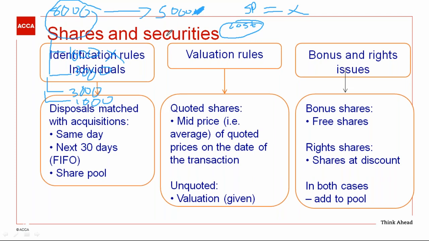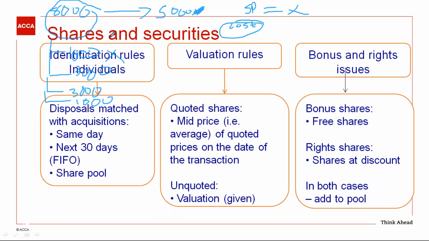5,000 shares, because we do not know actually whether we have sold this 1,000 shares that you bought 2 years ago. We don't know whether this 1,000 shares that you have bought 2 years ago is included in this 5,000. We don't know whether this 3,000 that we bought 1 year ago is included in this 5,000.